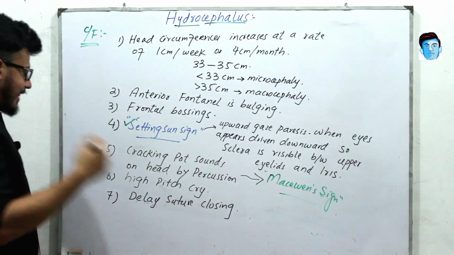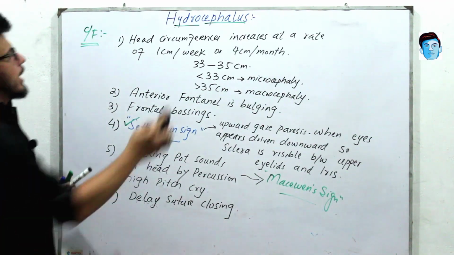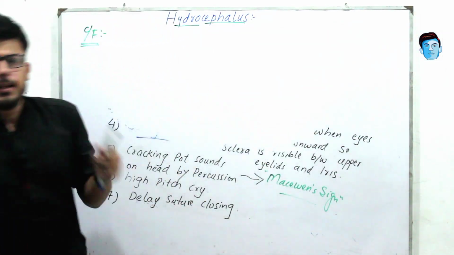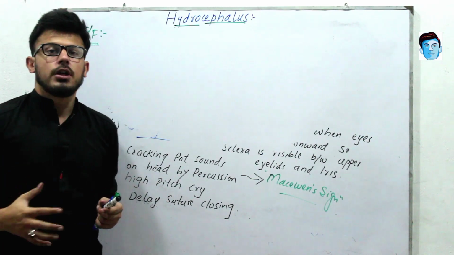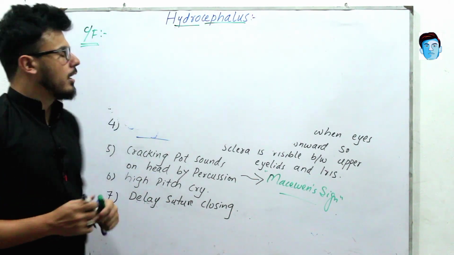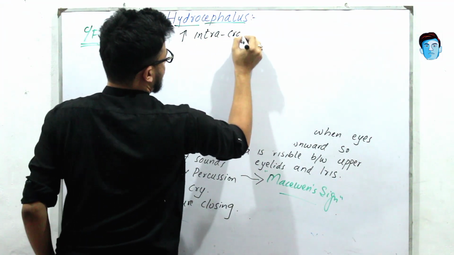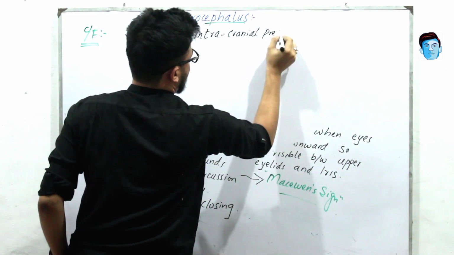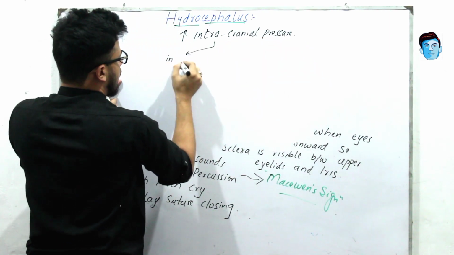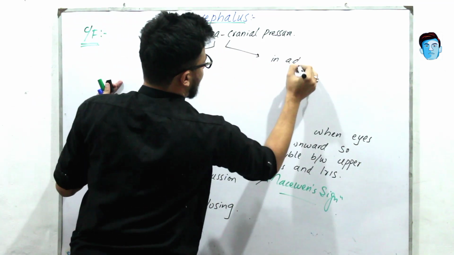Now there is increased intracranial pressure as well. Increased intracranial pressure leads to different clinical manifestations depending upon whether the patient is a child or an adult.